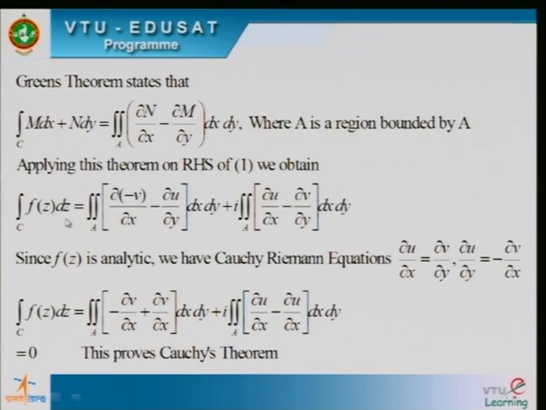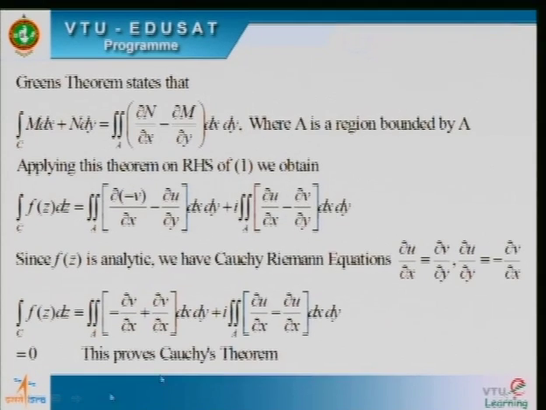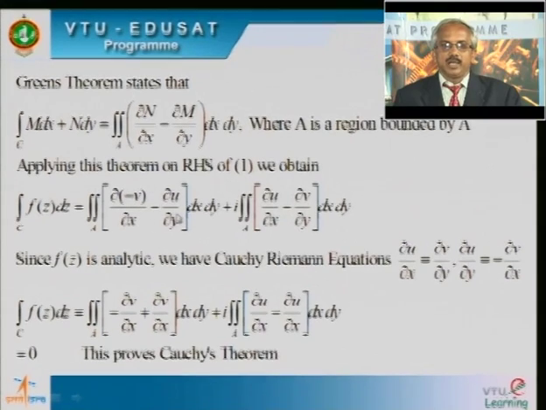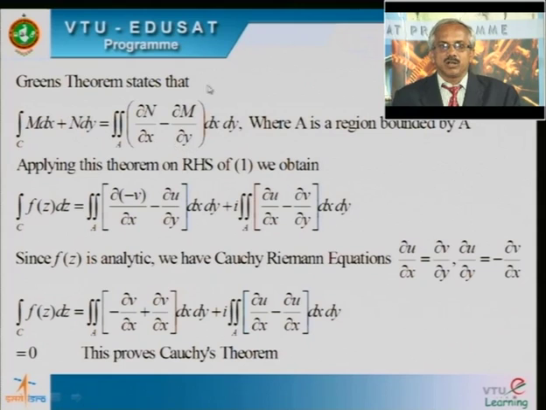Because f of z is enclosed by a region, A is the region enclosed by this curve, so the statement is valid for this case also. Plus i times the surface integral over A of dou u by dou x minus dou v by dou y dx dy. So now the real and imaginary parts of the complex function are transformed as per the Green's theorem statement.